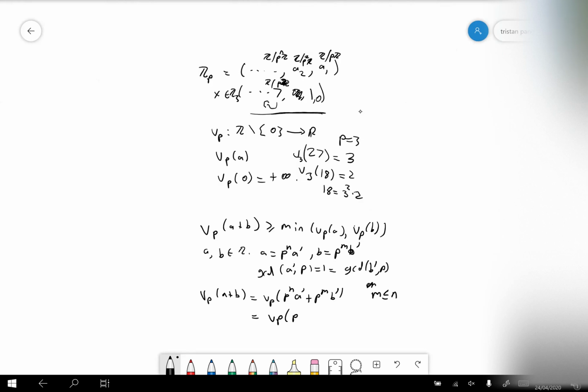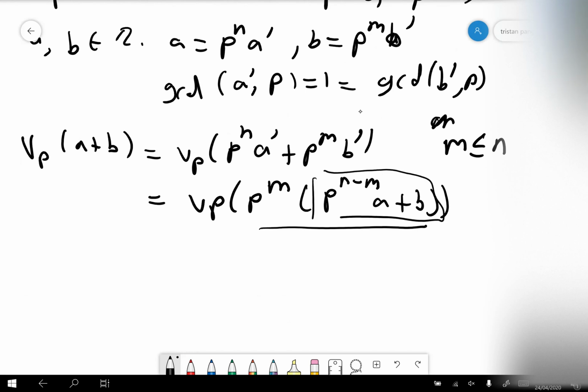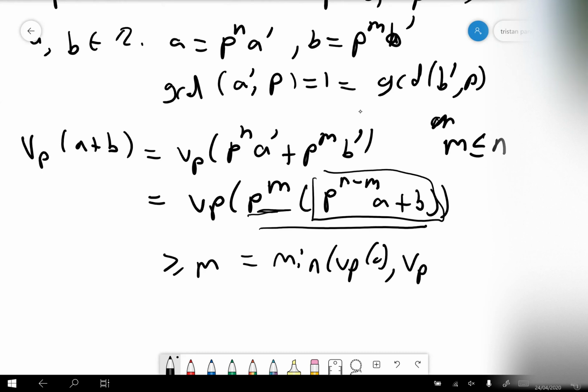So we can always take a factor of p to the m out, and we get p to the m times (p to the n minus m a prime plus b prime). The valuation of this thing, well, this may or may not be co-prime to p, we don't know, but we know for certain that the largest power of p is at least m, so this is bigger or equal to m. And that's the minimum of the valuations of a and b by assumption, because m is less than or equal to n.